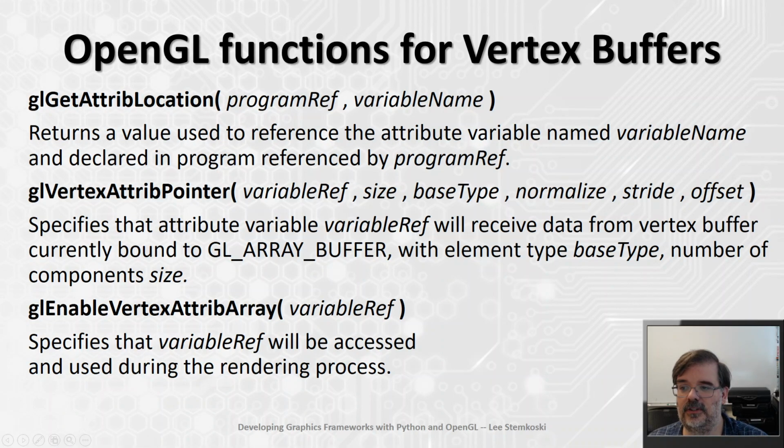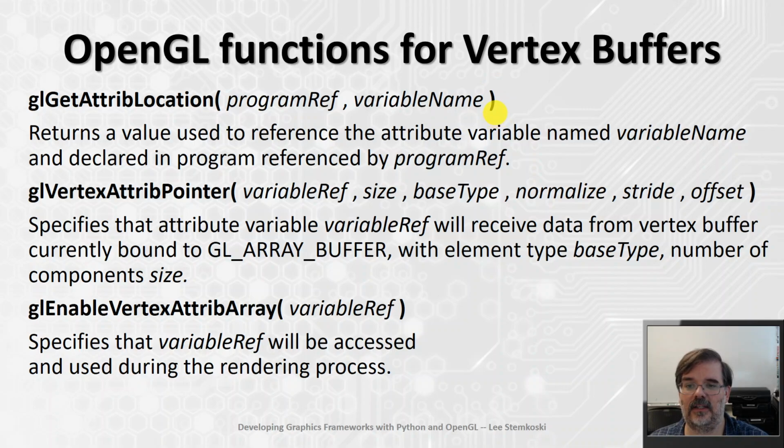The next 3 functions, the first one is called glGetAttribLocation. Again, when we're working with variables in the GPU, we'll have our shader program, our Vertex shader, and we'll define some variables in there, but we need the references to those variables.